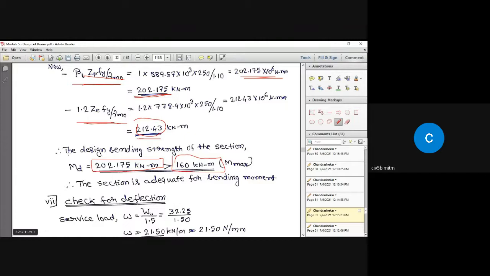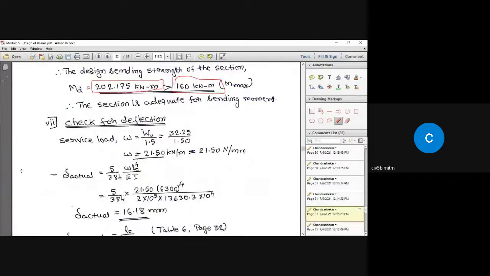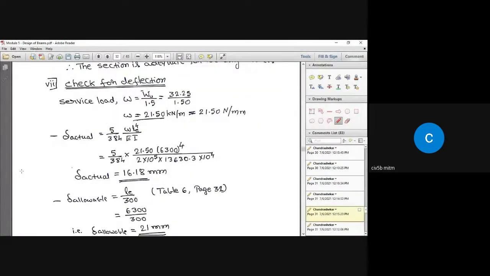Next, the next step is check for deflection. Whenever we check for deflection, the first thing is we need to consider the service load only. So what is the service load? Design load is Wu, that is 32.25 kilonewton per meter.